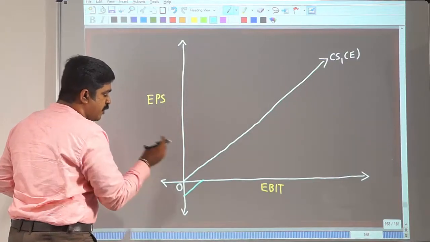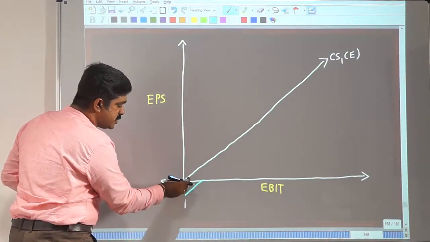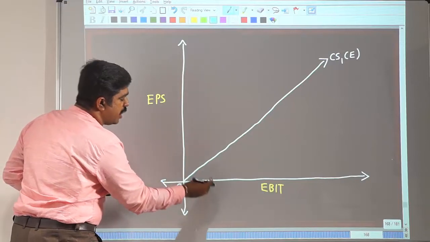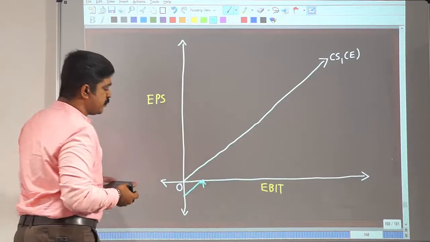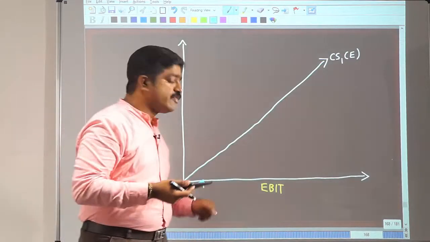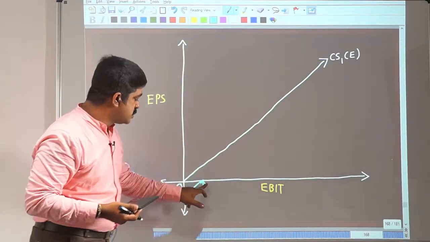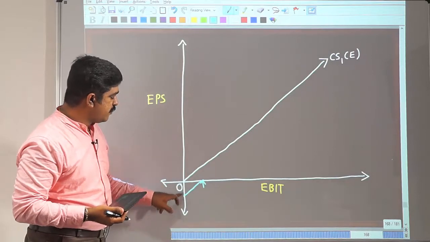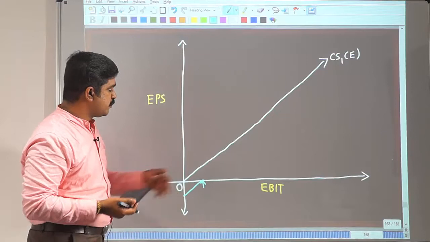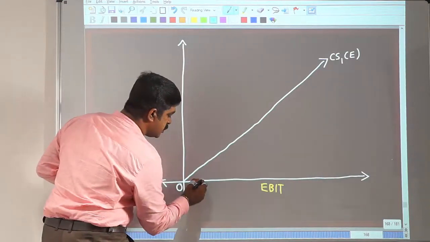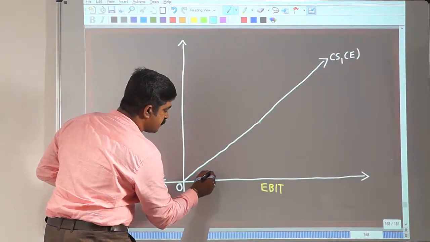It means if I want to achieve a 0 EPS, I should have at minimum this much level of EBIT. And this will be called your financial break-even point, because this is the point at which all your fixed financial charges are covered and your EPS becomes 0. And after that this will keep increasing.